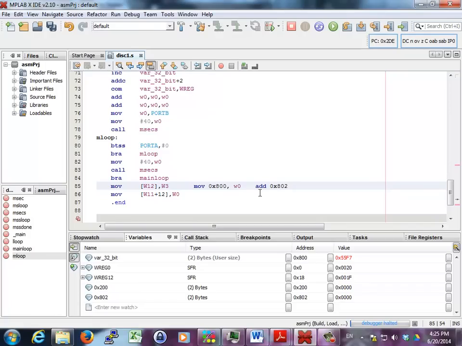But the problem is you don't have an instruction that says change this 800 value itself. The 800 value is going to be hard-coded into the opcode that describes this variable. So you have two ways.